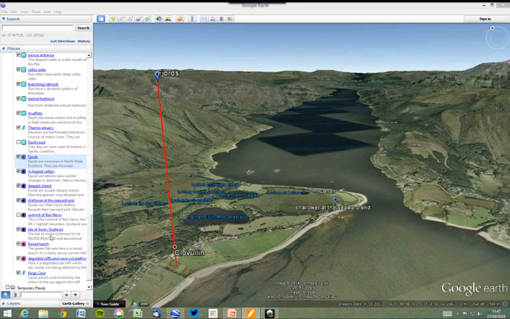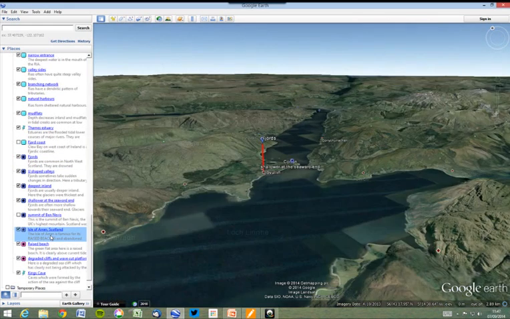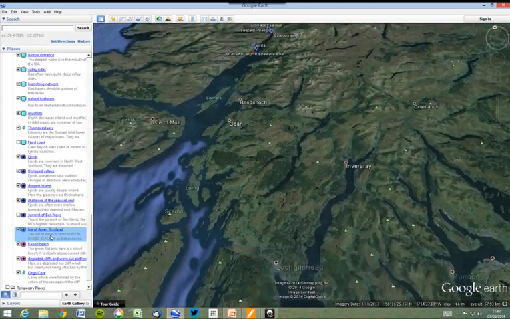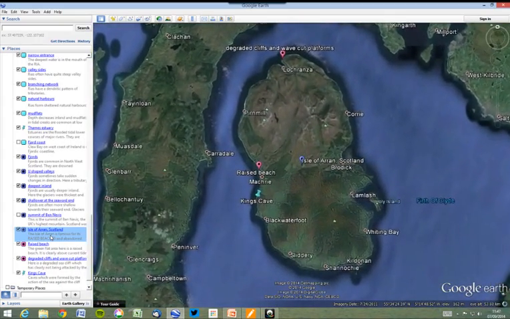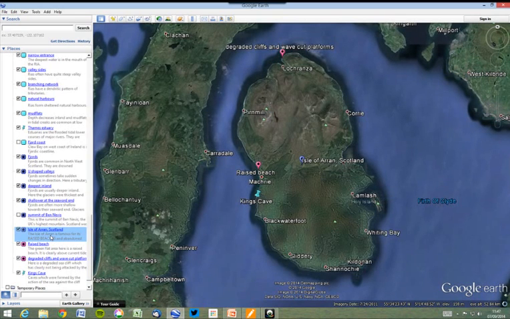Now, elsewhere, you have emergent features. Now, emergent features are those which, due to isostatic uplift of the land, have risen out of the sea. Now, there are lots of examples of emergent features in Scotland, in northwest Scotland, because as we saw, Scotland is kind of rising out of the sea as ice has completely melted.